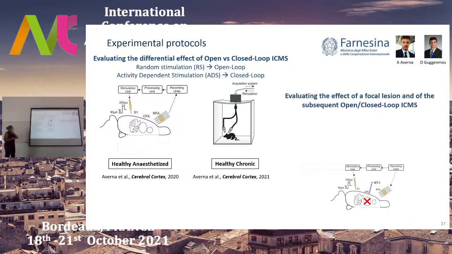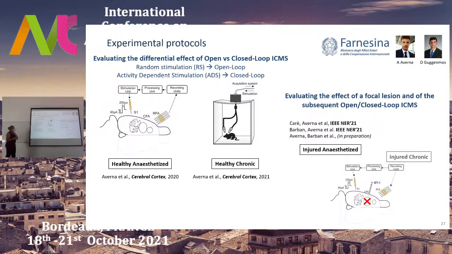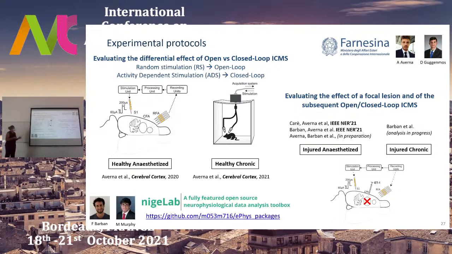And more recently, we started experimental campaigns also in injured animals, both in anesthetized and in the chronically implanted condition. All this requires a lot of expertise from the experimental point of view, because these types of experiments are highly time consuming, but also a lot of expertise in data analysis and signal processing. And this is something on which we are also working a lot.